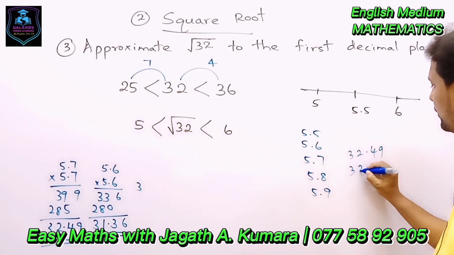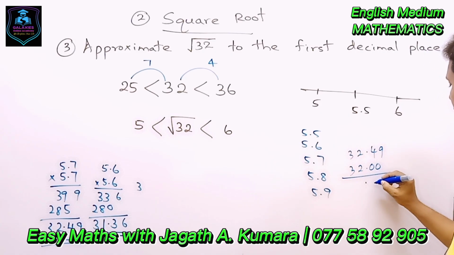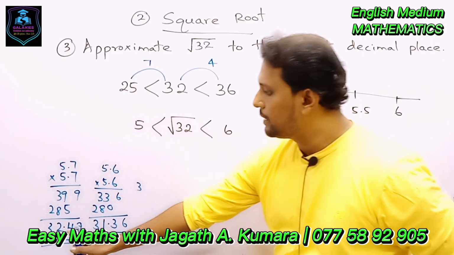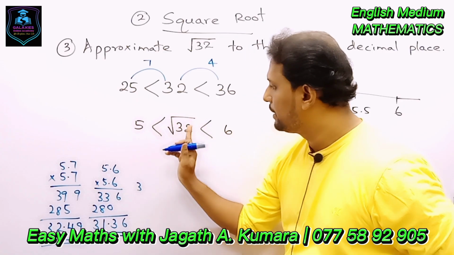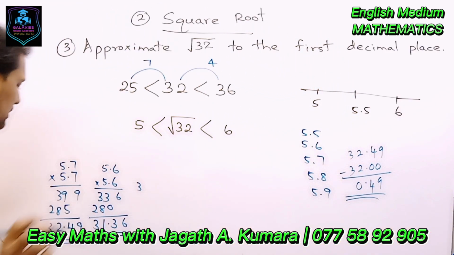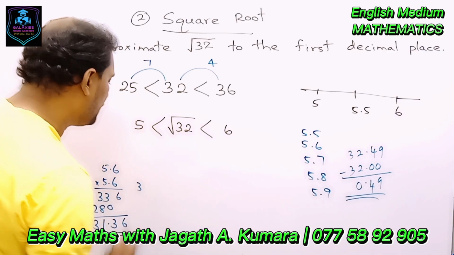32.49 and 32. 32 means 32.00. You have to subtract. The gap between 32.49 and 32 is 0.49, right? I'll write it here, 0.49. It is the gap between this value and 32.